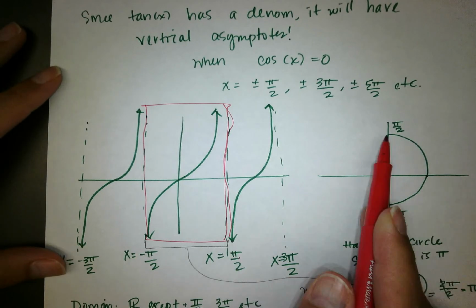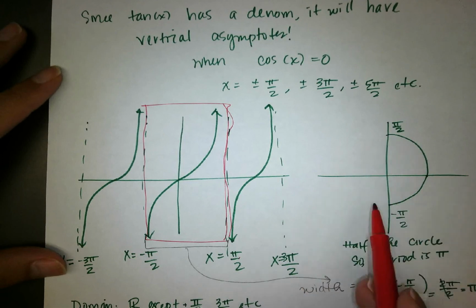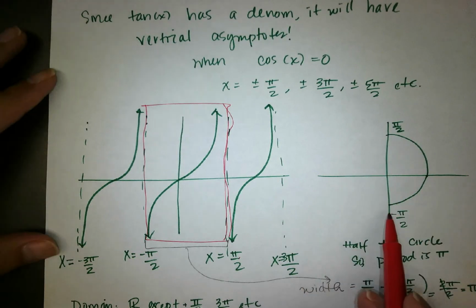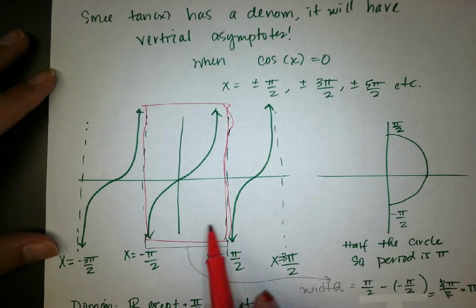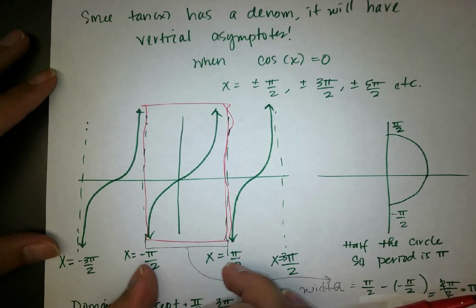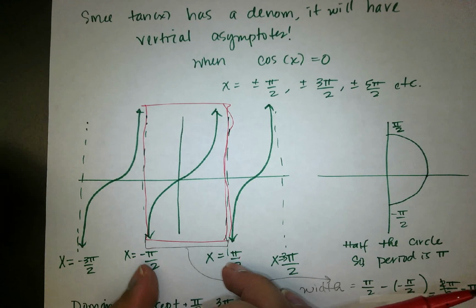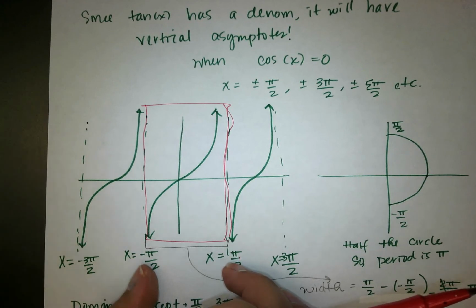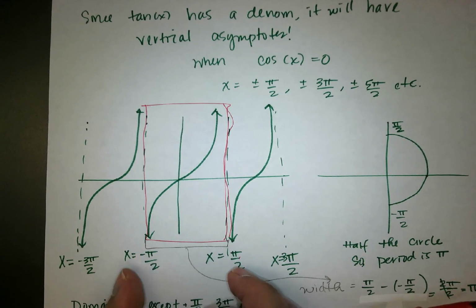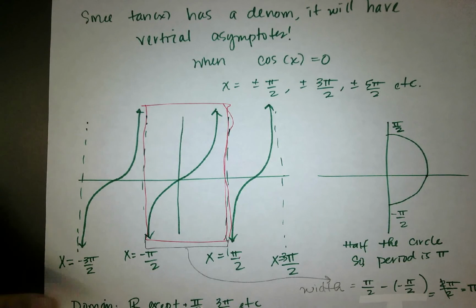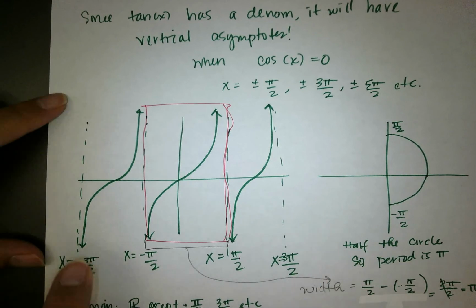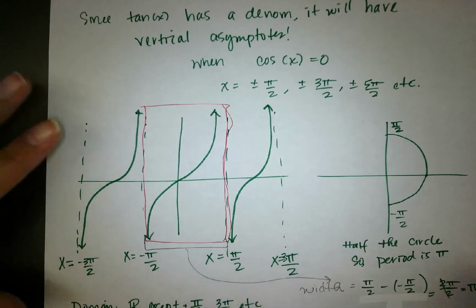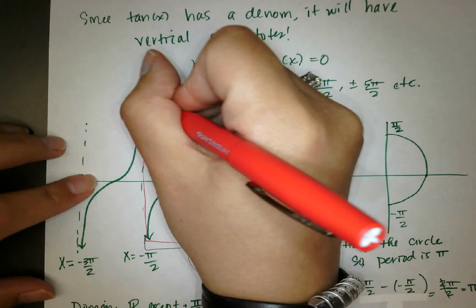When you plug pi over 2 into tangent, it's bad. When you plug negative pi over 2 into tangent, it is bad. So there's where our vertical asymptotes are. It's when your input gives you a 0 in the denominator. We have infinitely many asymptotes if we keep walking around the circle, but I only need one cycle, so this is one cycle here.